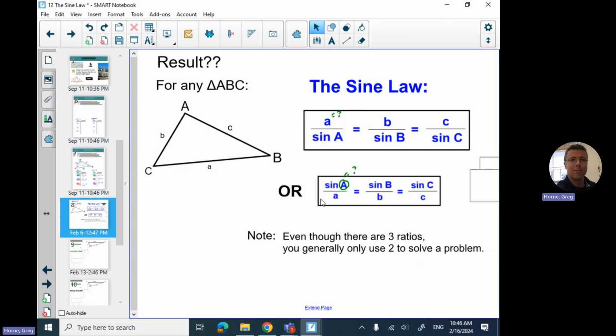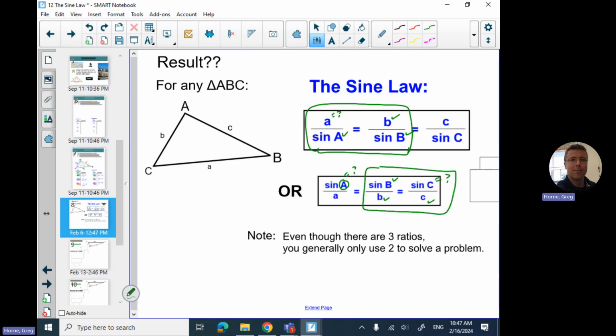Notice that even though there are 3 ratios, we're typically only going to use 2 in some problem. So if we knew angle A, side B, and angle B, then the only unknown in this portion of sine law is side A, so we can solve for it. Or if we know B, angle B, and side C, we'd be able to figure out angle C in that portion of it.